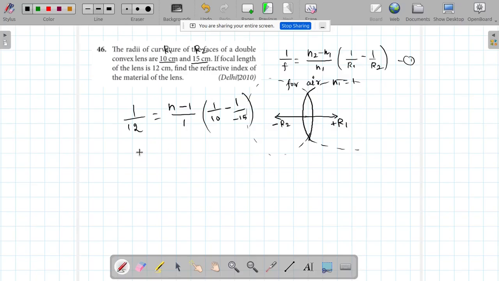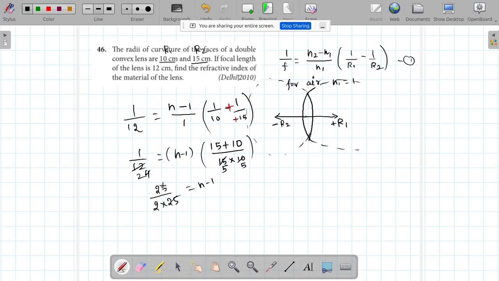Now we solve the values. 1 by 12 equals (n minus 1) times, here it is positive, so they become positive, (15 plus 10) divided by (15 into 10). We go for the table of three. 25 divided by 2 into, here it is 25.